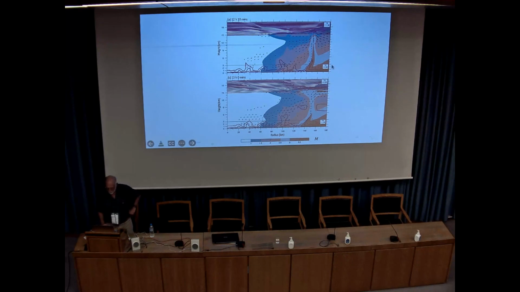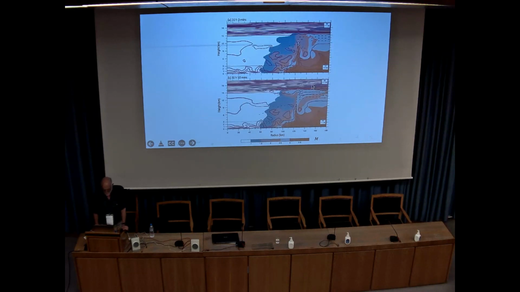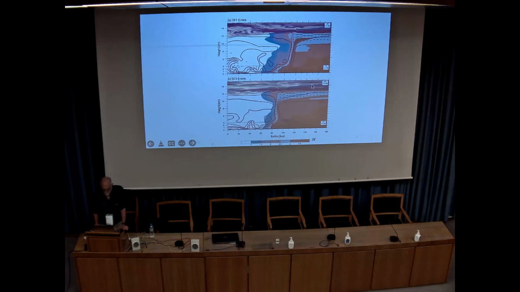You have the Ekman effect bringing higher angular momentum in, convection bringing the higher momentum air upward, and at the same time bringing higher entropy air upward.